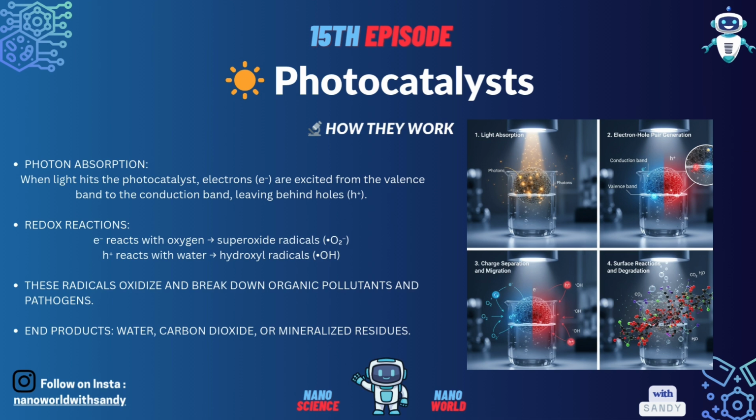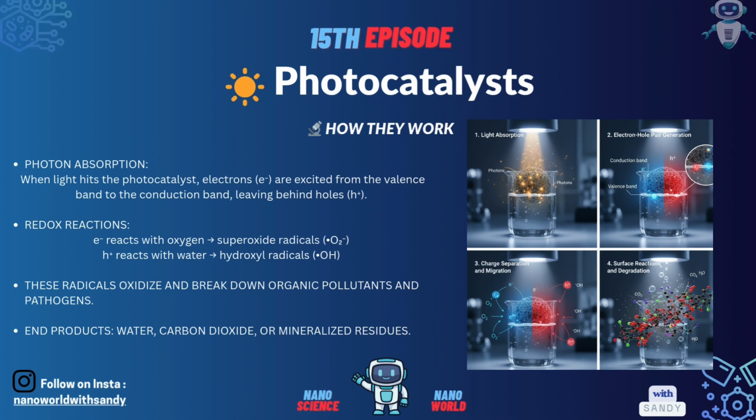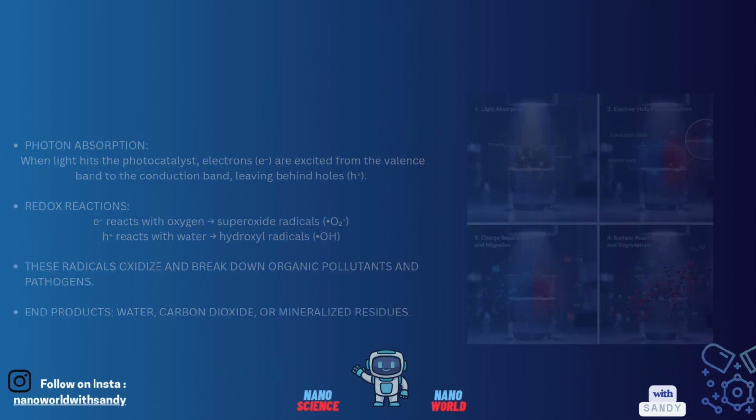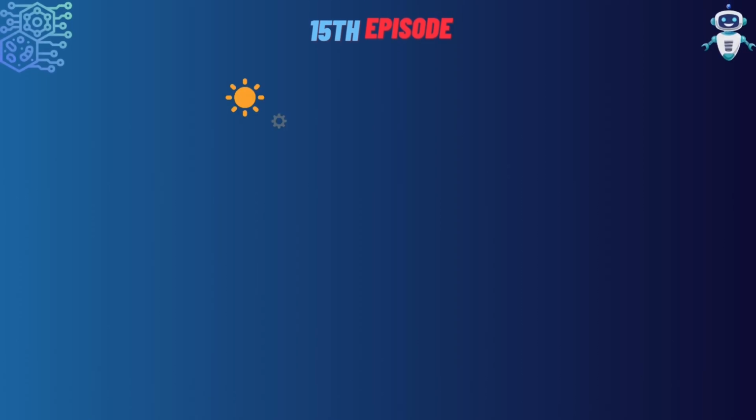These radicals are extremely strong oxidizing agents that effectively break down organic pollutants, dyes, pathogens, until all that's left is carbon dioxide and water. This is complete mineralization. The pollutant is destroyed, not just concentrated.